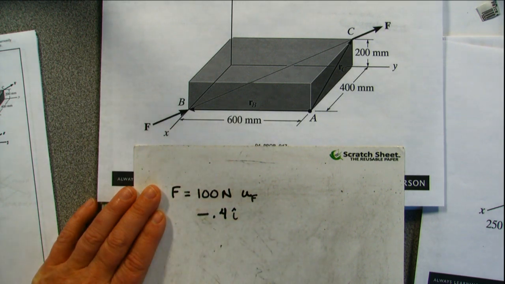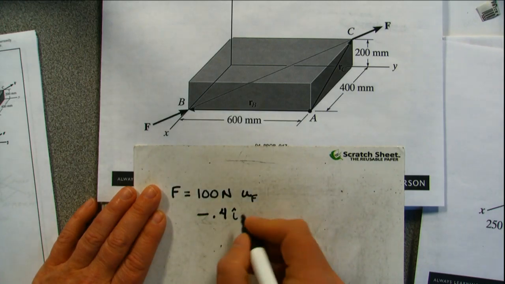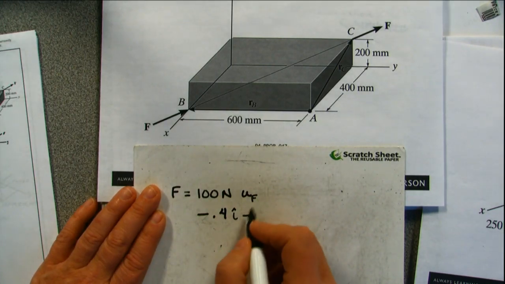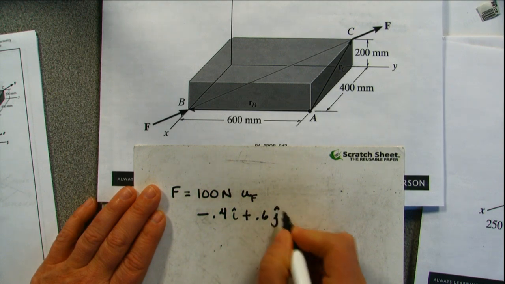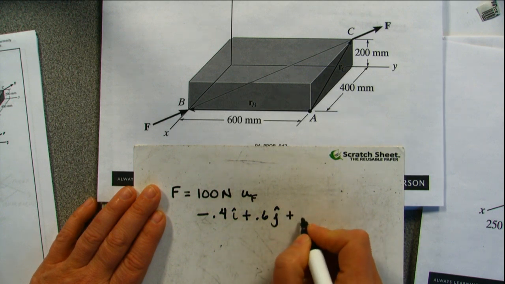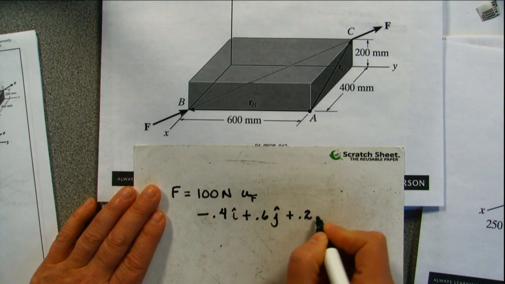It's pointing in the negative direction on i. My y is pointing in the positive direction, and that's 0.6j. And it's pointing in the positive direction for k, and it's 0.2k.